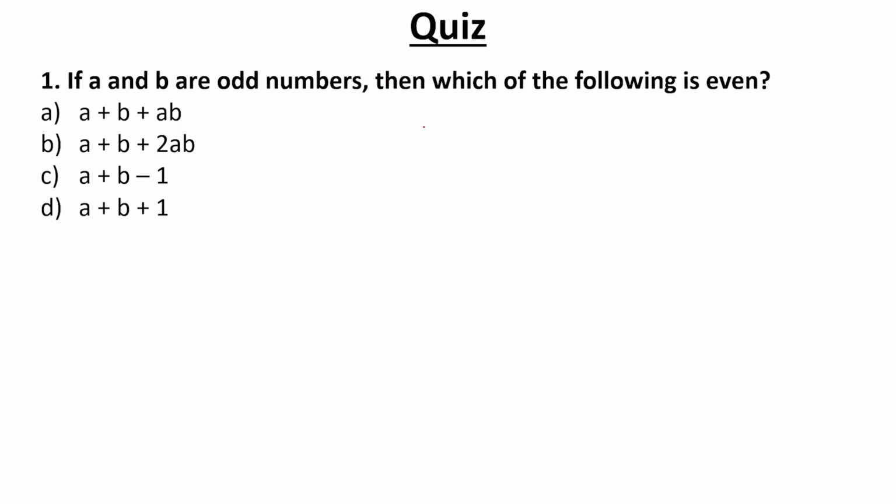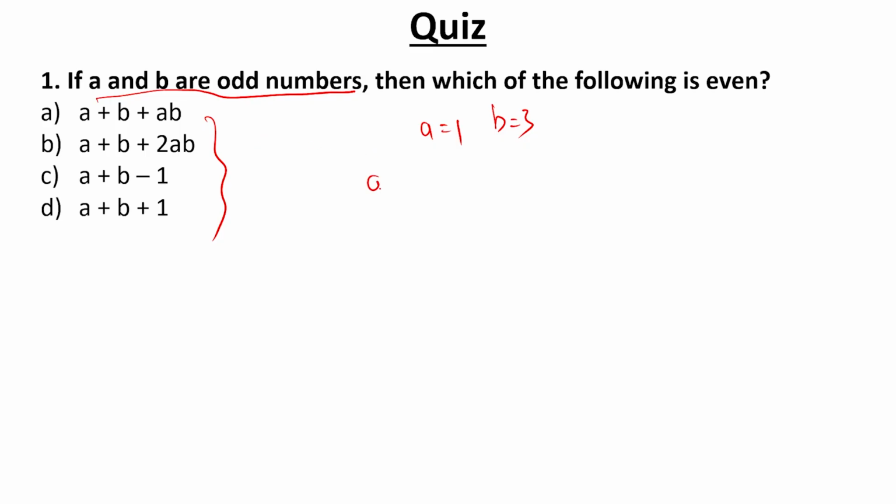So let's say I take A as 1 and B as 3. It satisfies that A and B are two odd numbers. 1 and 3 are odd numbers. We need to substitute the A and B values into these equations in order to get an even number. So that equation will be our answer.